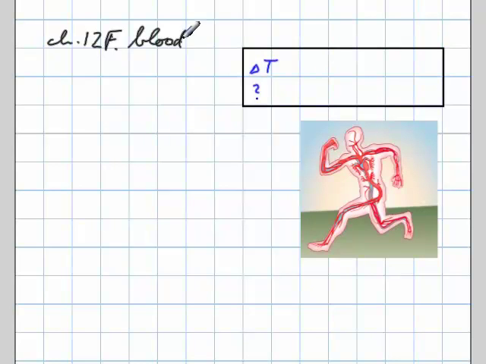Okay, let's see what else is given. The mass of the blood is given. Then the amount of energy is given. And then the original temperature is given, but I said we use that later. And then it says that the specific heat capacity of blood is the same as that of water, or approximately so.